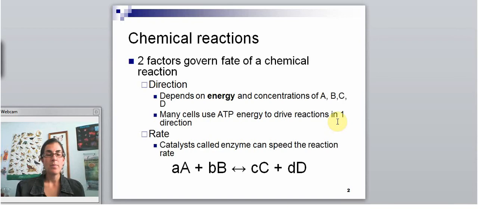Since these metabolic processes are all about chemical reactions, we're going to start out by spending some time really understanding what drives chemical reactions to occur the way that they occur. So most of you are probably familiar with the way that chemical reactions are drawn. So this is one example. I'm going to write that in a little bit of a different way up here.